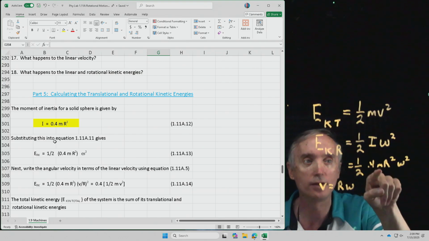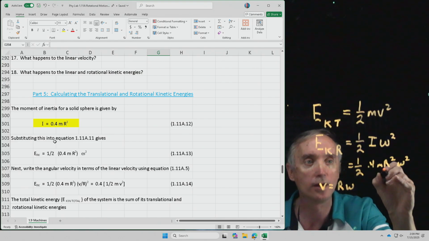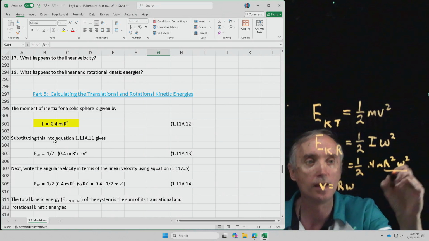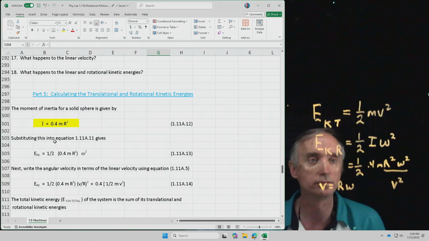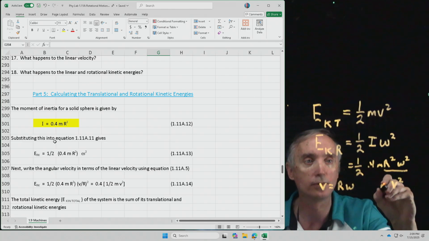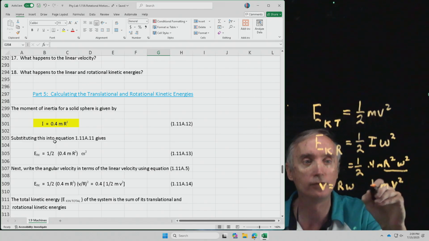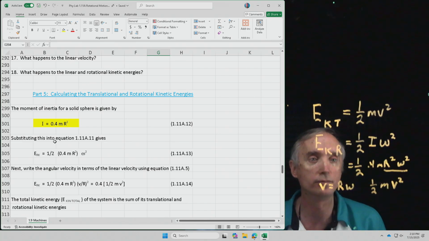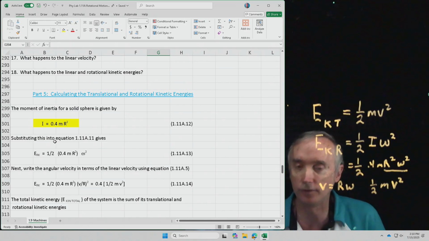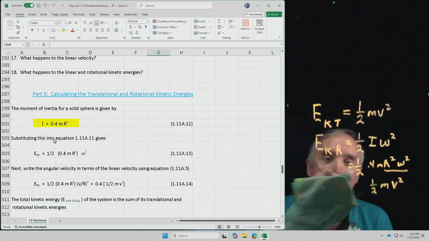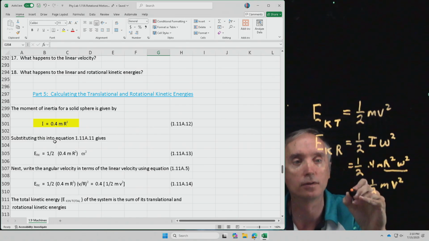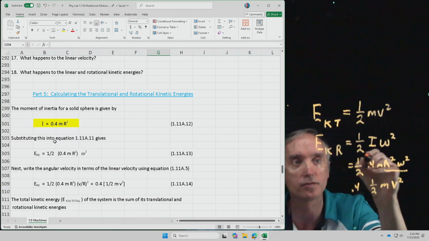We could plug that in right here, and that would be v squared. And so now we've got 1/2 mv squared, but you still have that 0.4 on there. So I flip-flopped it. I took this over to here and I took this over to here.